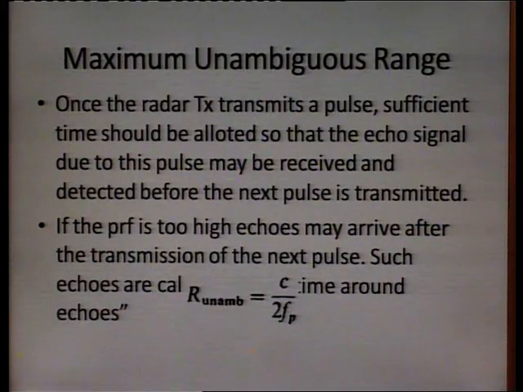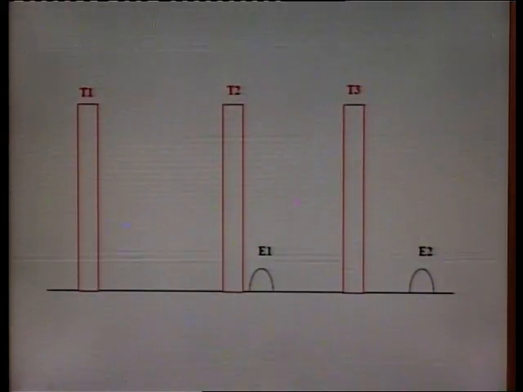Suppose you have some signal here, these are some of the pulses, pulse train 1, train 2, train 3. If a signal is transmitted, then as per PRF, the next pulse is also to be transmitted. It is clear from this picture.